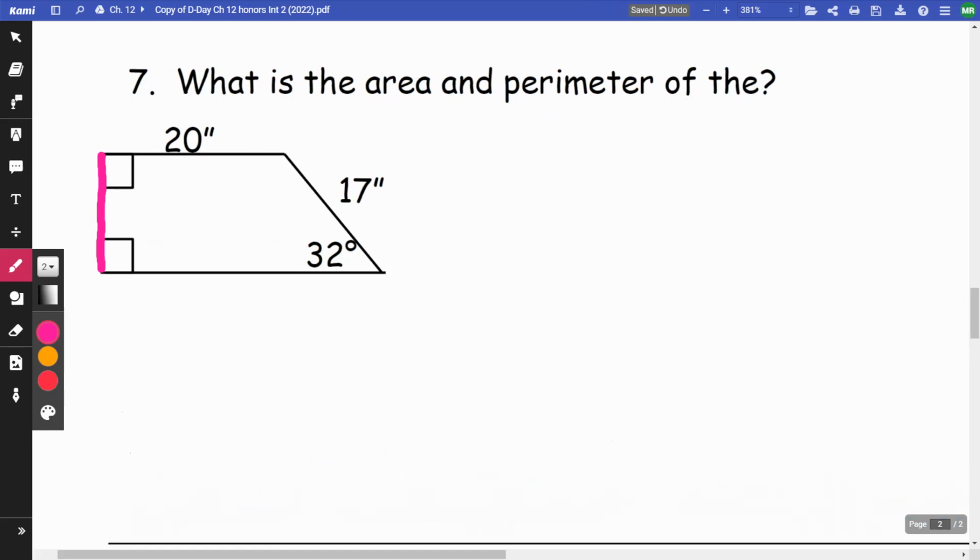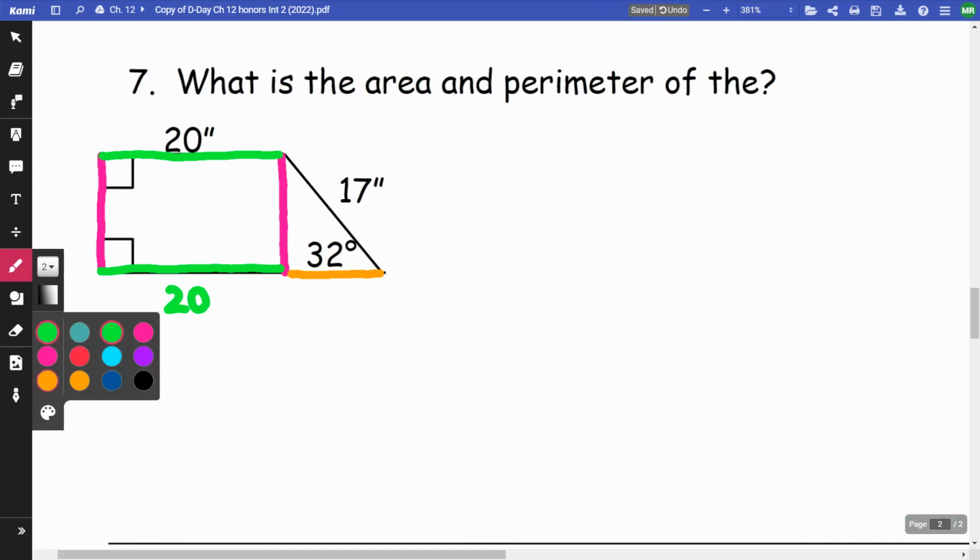And that height is going to be the same as this right here. So I'm also going to need to find this length. I know that this is going to be 20, so this is also going to be 20. I need to find basically the pink and I need to find the orange.